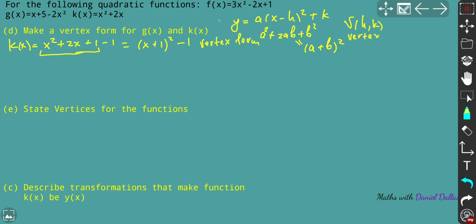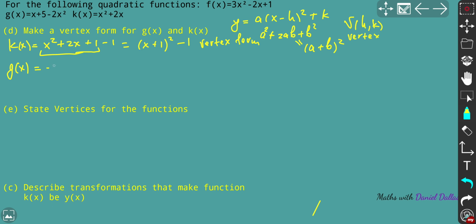Okay, next one. Let's take another function, g. So first of all, I just rewrite g(x) in the standard form first, negative. What I'm gonna do, I'll just try to demonstrate another way, because completing the square is quite complicated for this one.